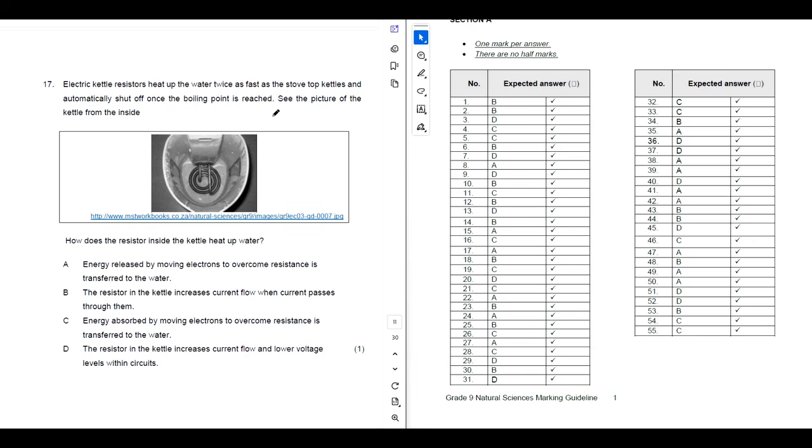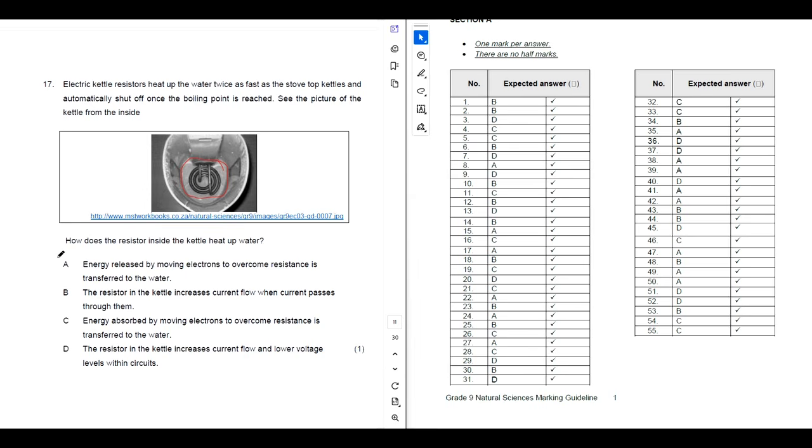We are asked to see the picture of the kettle from the inside. The question now says, how does the resistor inside the kettle heat up water? We can see that we have the resistor inside our kettle.